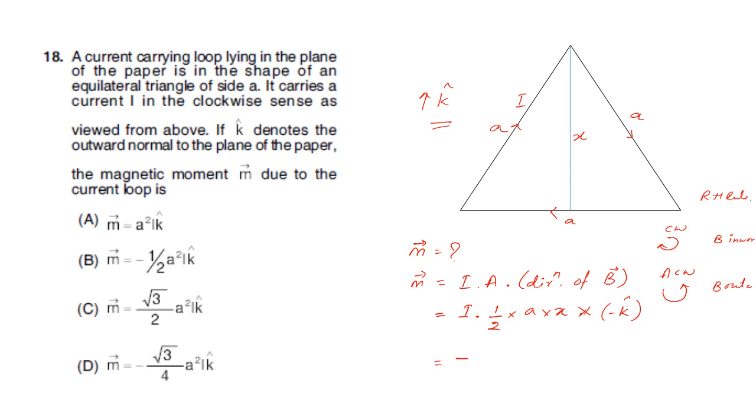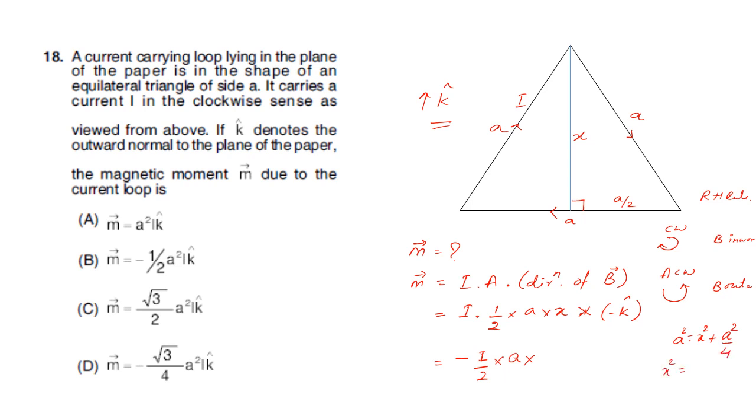It is minus i by 2 into a into x. So this is a right angle triangle, so we can apply the Pythagorean rule. Here a square is equal to x square plus a square by 4.